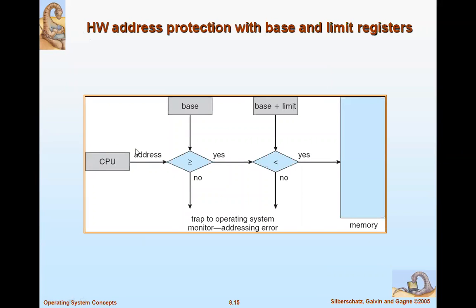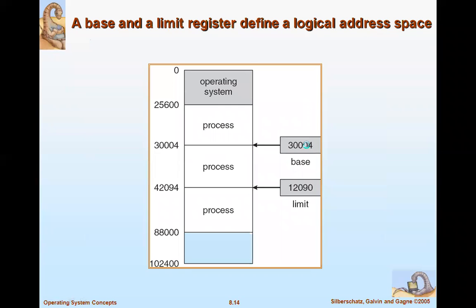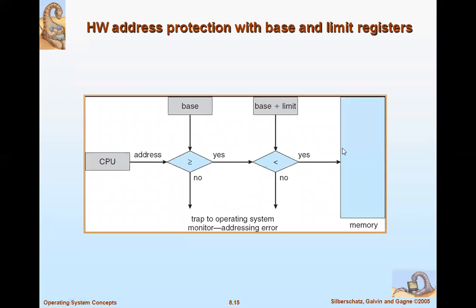The CPU generates a logical address, and the base is added to it. Whatever limit we have, adding base plus limit gives you the particular address. So which particular part of the process you want to select from main memory will be chosen, right?